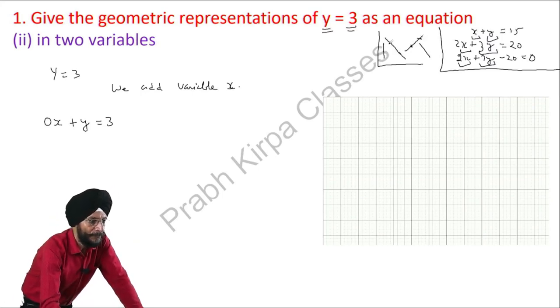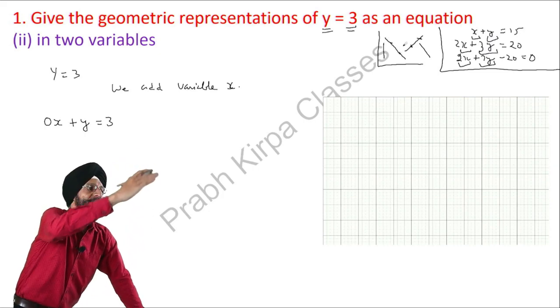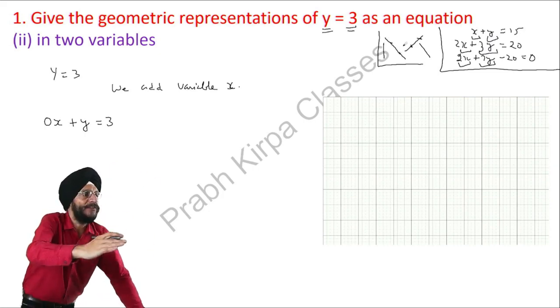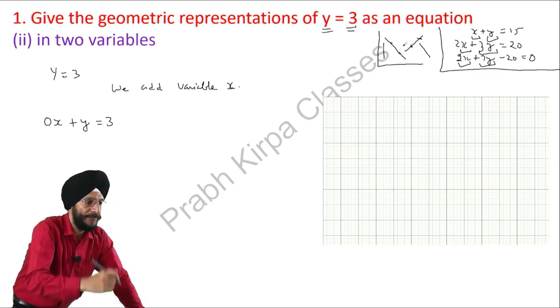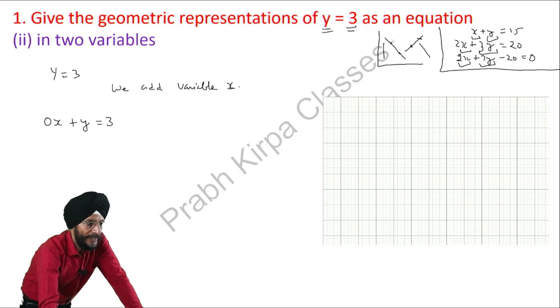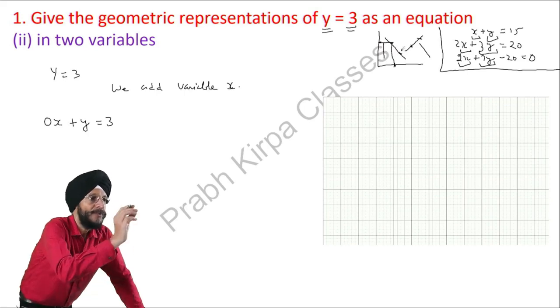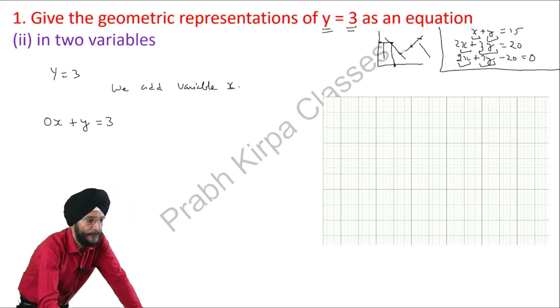Suppose we are having these 2 points, and on the basis of this we are drawing the straight line, or we are drawing the graph, or making the geometrical representation. But for drawing these 2 points, we should have the value of y at this point, value of x at this point, because it will be formed this way. If we want to draw the point at this place, for this we have to have the value of x at this place and value of y at this place.